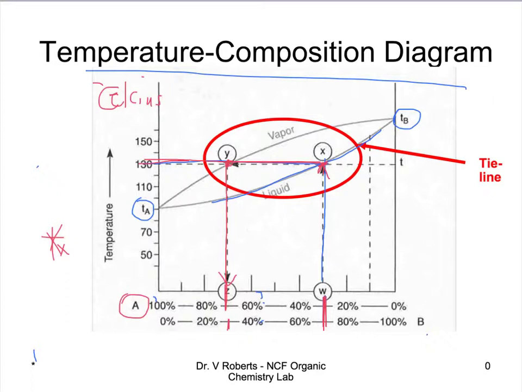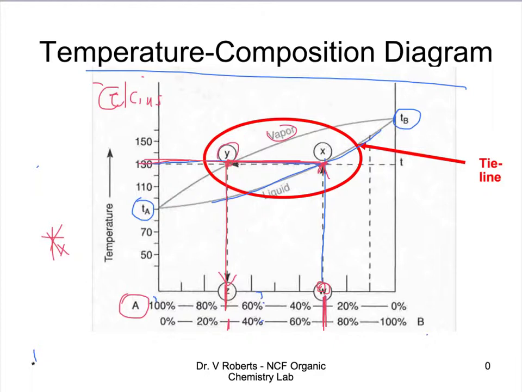So when you draw a vertical line from your mixture composition to the liquid line in this diagram, that's when the liquid boils. So by extending a horizontal line across to meet the vapor line, that tells us the composition of the vapor that's in equilibrium with this liquid that's boiling, which is our Y.